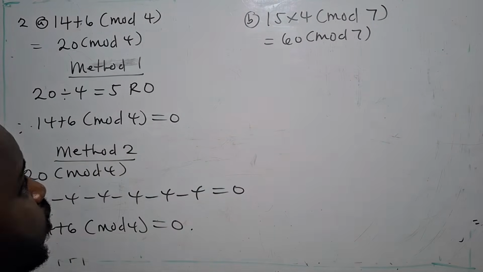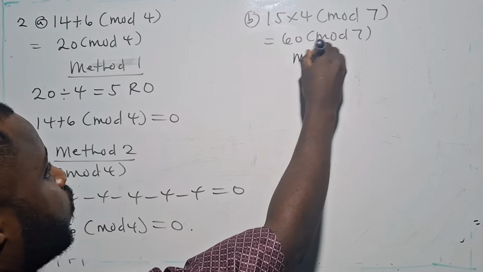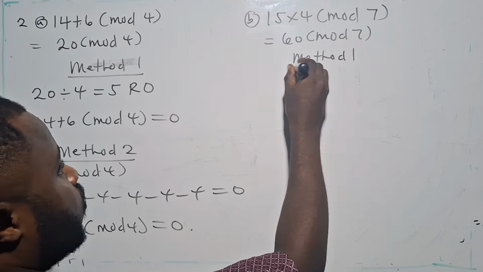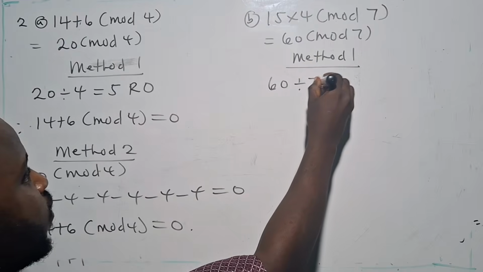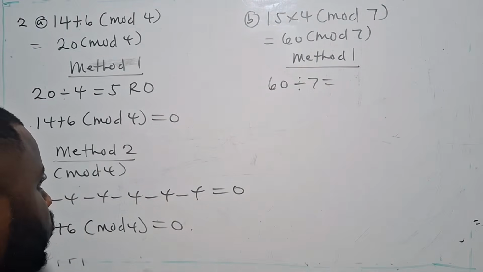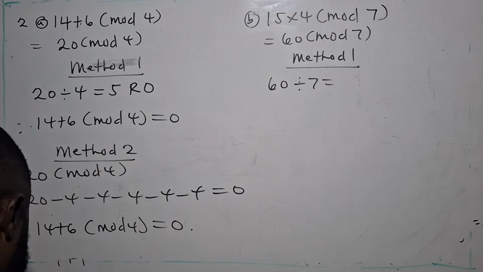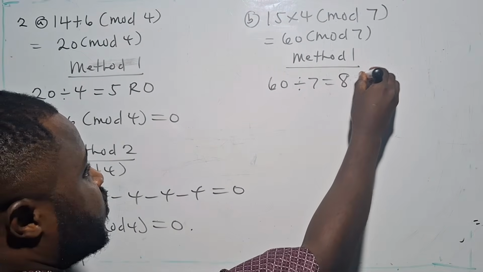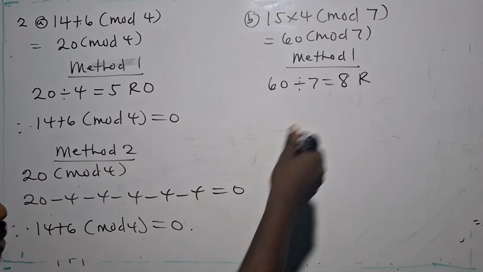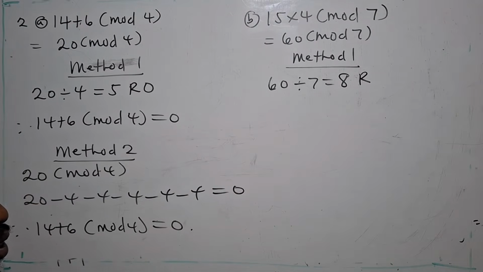So if I'm to use method 1, which is a division method, I'll have 60 divided by 7. 60 divided by 7 is going to give me 8. Why am I saying that?